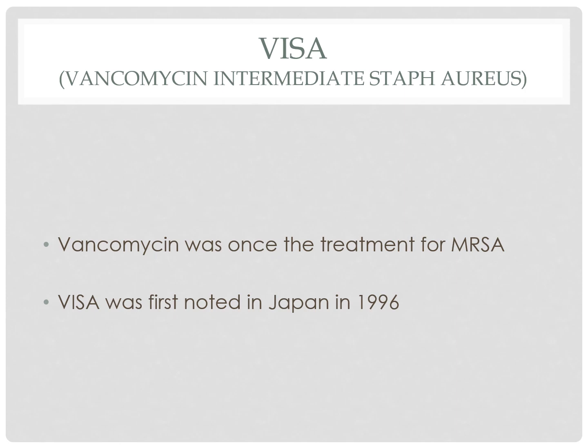There were no confirmed cases of VISA in the United States. However, there have been cases confirmed in Taiwan. VISA and VRSA are usually seen in patients already immunosuppressed with things like diabetes or kidney disease. So far, all VISAs have been able to be treated by some sort of FDA-approved drug.